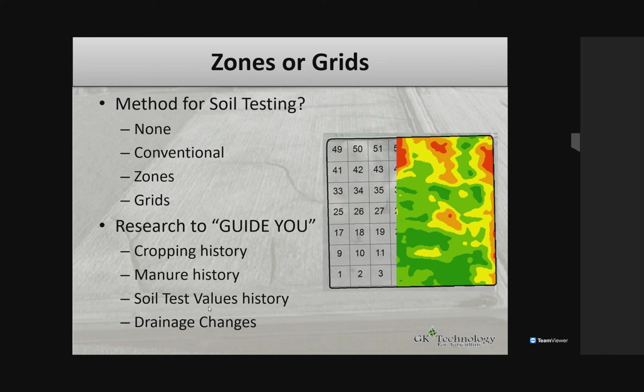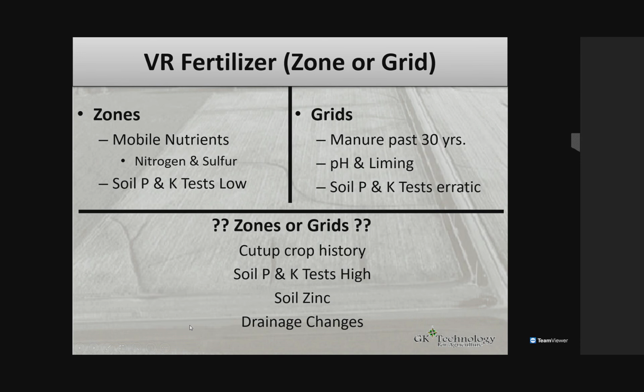I don't expect my phosphate numbers to jump around an awful lot. Nitrogen and sulfur could jump around because they're mobile nutrients. Your P and K numbers shouldn't wander around and go from 300 to 500. If you're seeing that, it might start steering you towards some different settings and things like that.